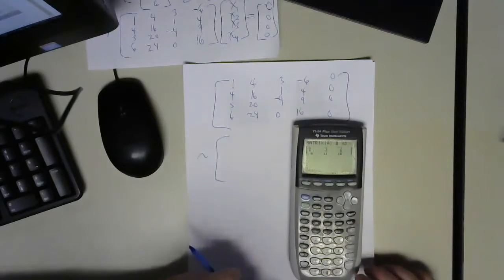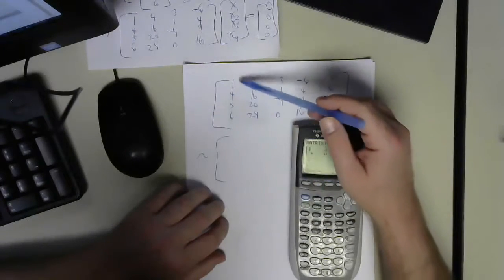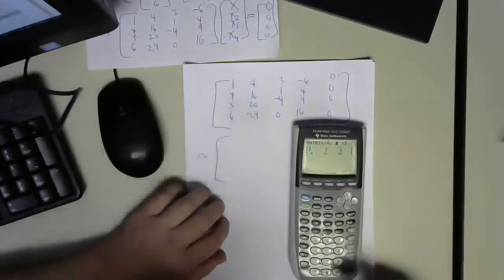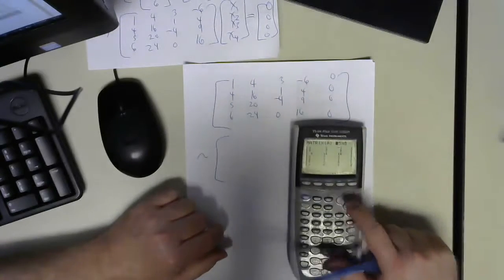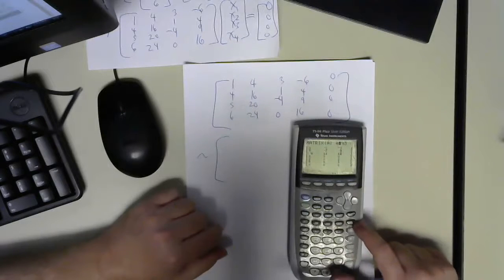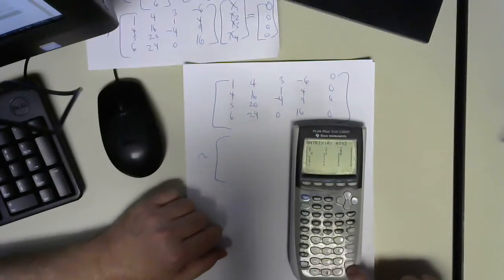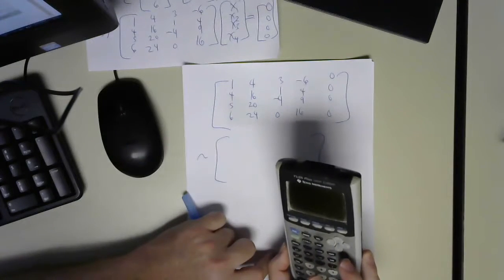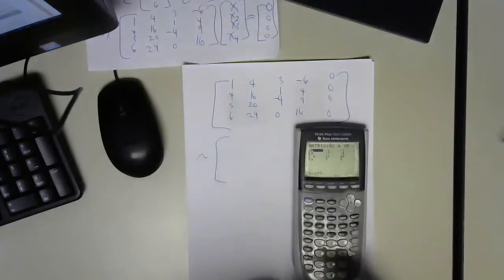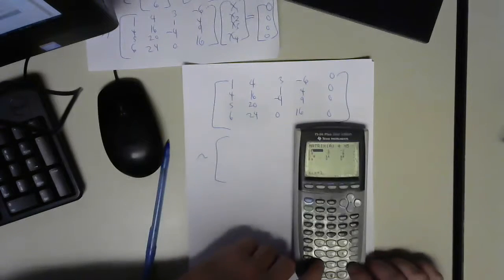We'll call this thing A. It is a 4 by 5 matrix. Okay. So let me enter the elements.